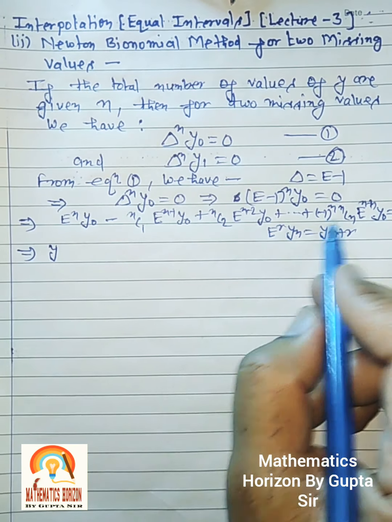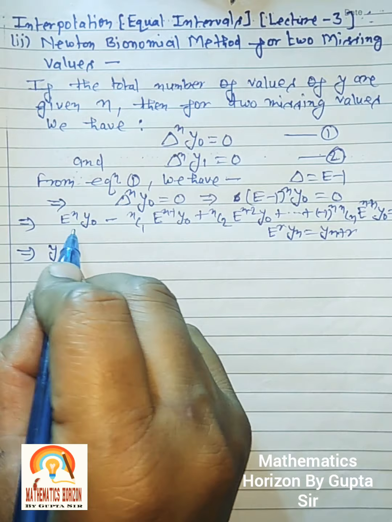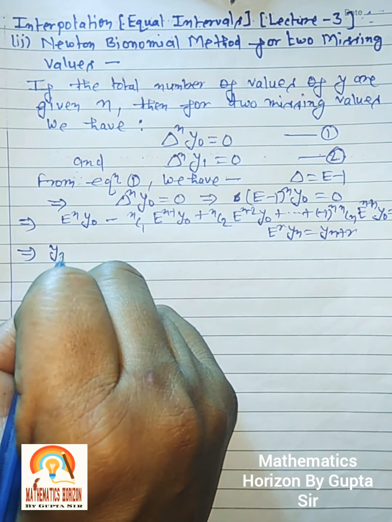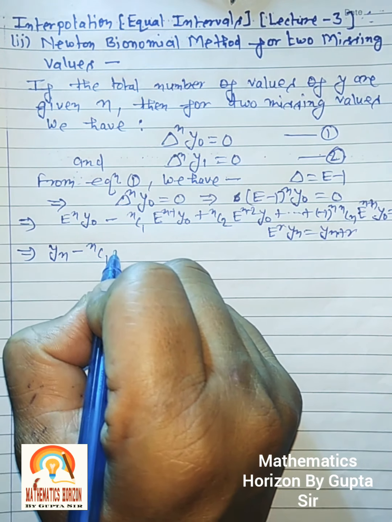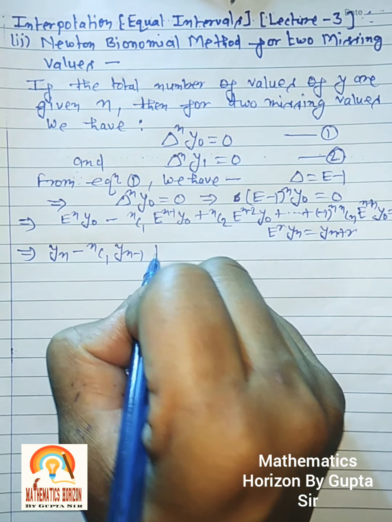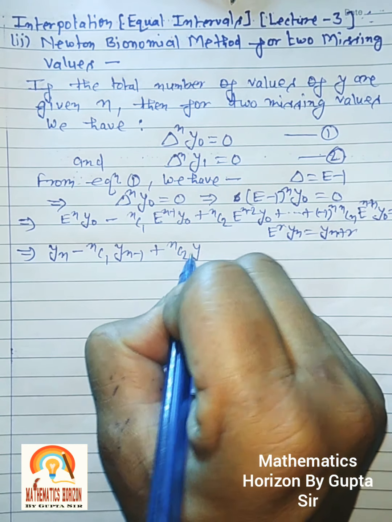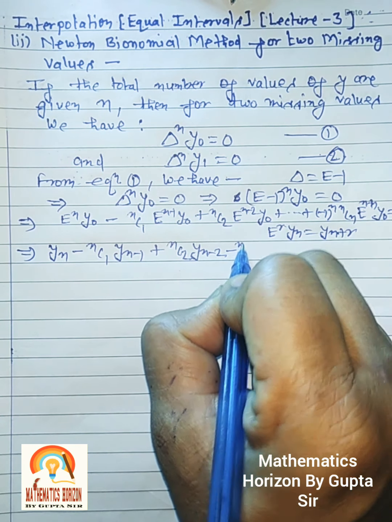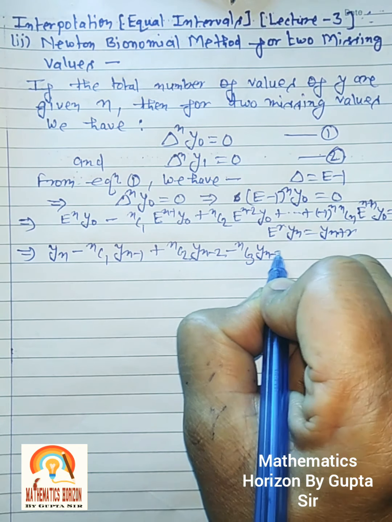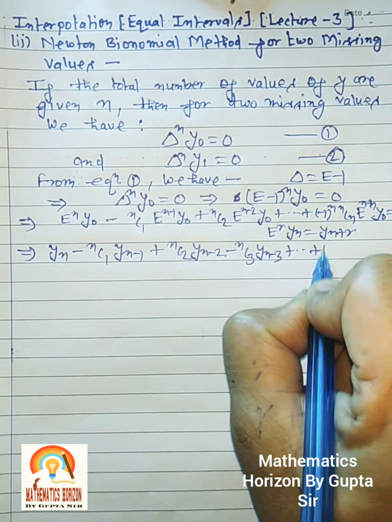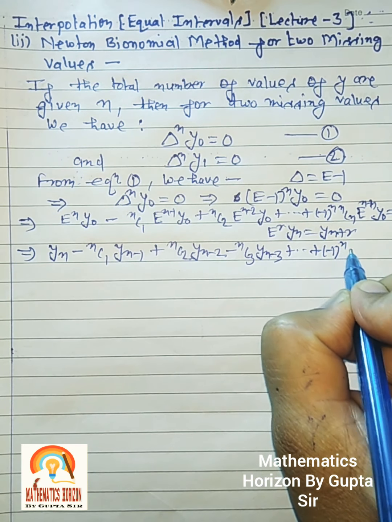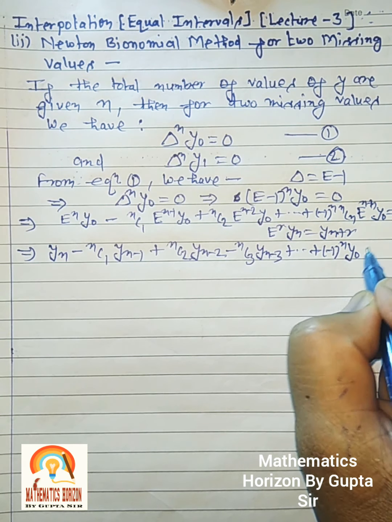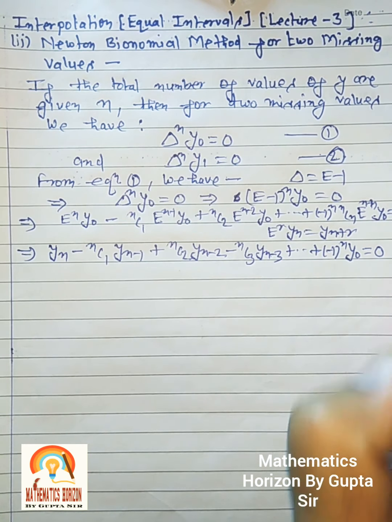We get yn minus nC1 yn minus 1 plus nC2 yn minus 2 minus nC3 yn minus 3 up to minus 1 to the power n y0, that is y0, and this is equal to 0.